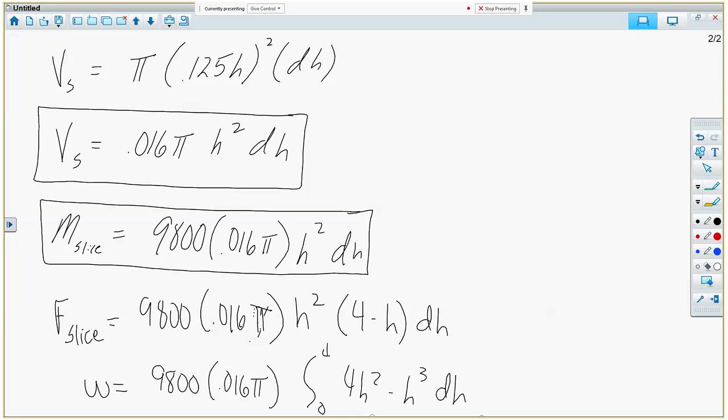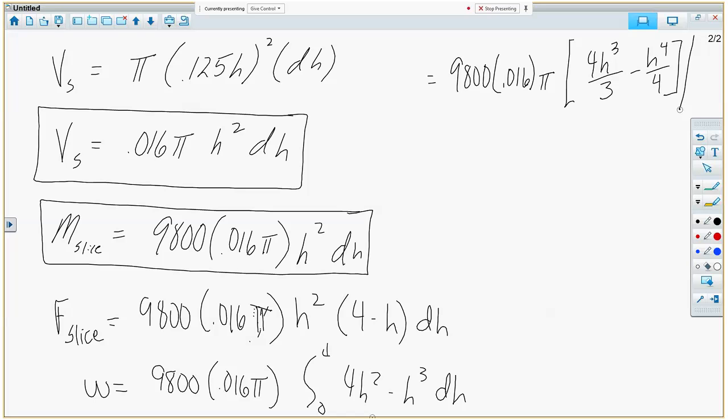And that's going to be equal to 9,800 times 0.016 pi, and then brackets 4h cubed over 3 minus h to the 4th over 4 evaluated at 4.